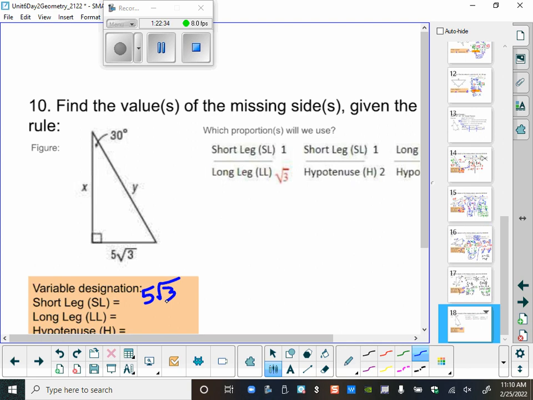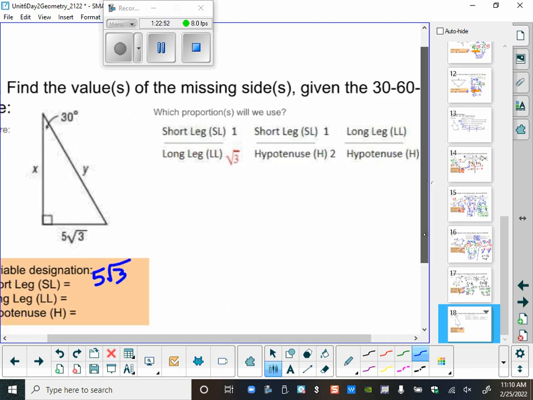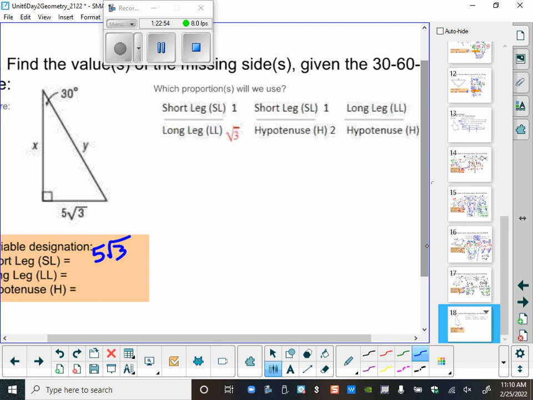You just flipped it. It was my fault, because when I was going through the notes, I realized, wait a minute, one of these problems repeated, except the triangle was upside down. So basically, the long leg and the hypotenuse are going to be the same.